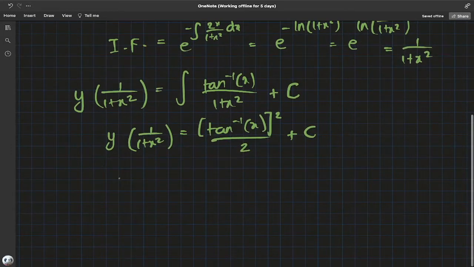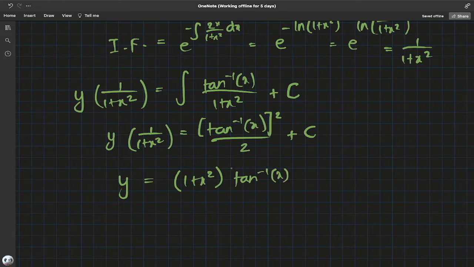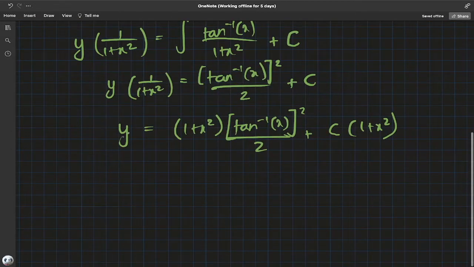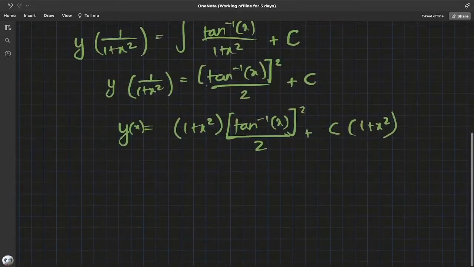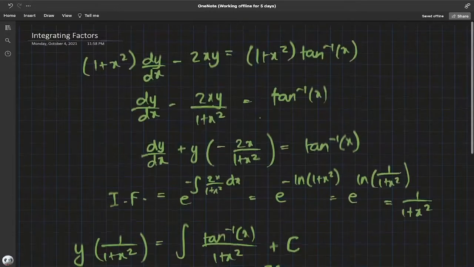Then multiply both sides by 1 plus x squared to get y equals 1 plus x squared times inverse tangent of x, whole thing squared, over 2, plus c times 1 plus x squared. And that's your general solution for y of x for this differential equation. You can plug it in and check, it should be right.